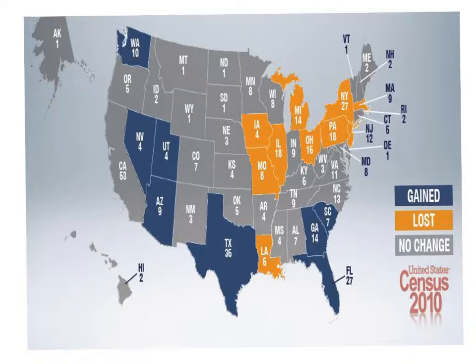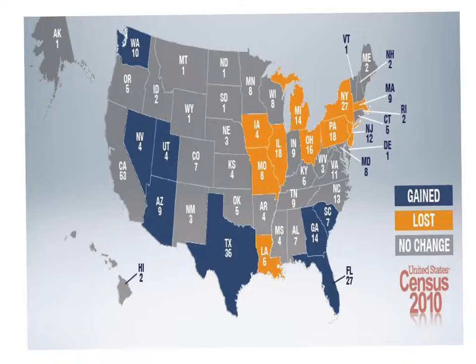We can also see other states that gained, in blue: Washington, Nevada, Utah, Arizona, Texas, Florida, Georgia, and South Carolina. Now, as a result, the House of Representatives should be more representative of where the population is at. That is the point of the census.